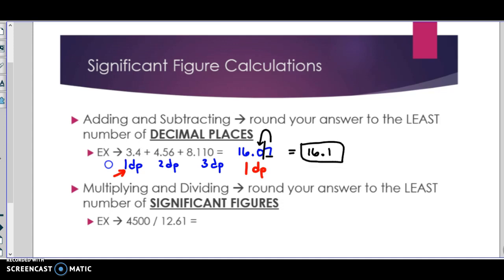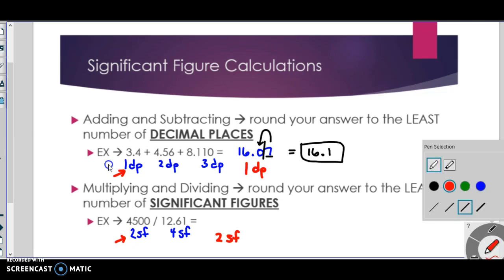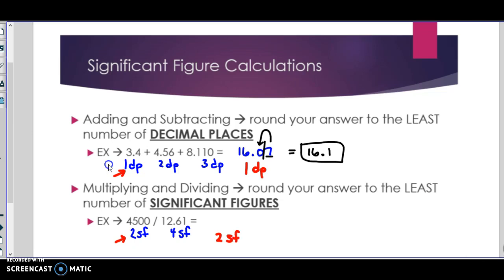For multiplying and dividing, I look at actual significant figures. So I go back to my rules. This number here has 2, where this has 4. So my answer should be to 2 sig figs. When I'm done, I go ahead, I do the calculation, and I get 356.86.